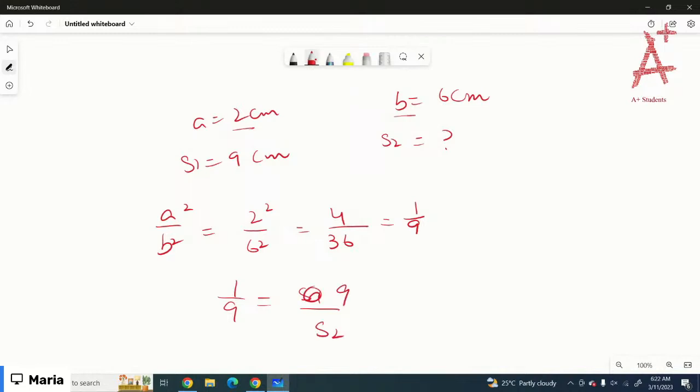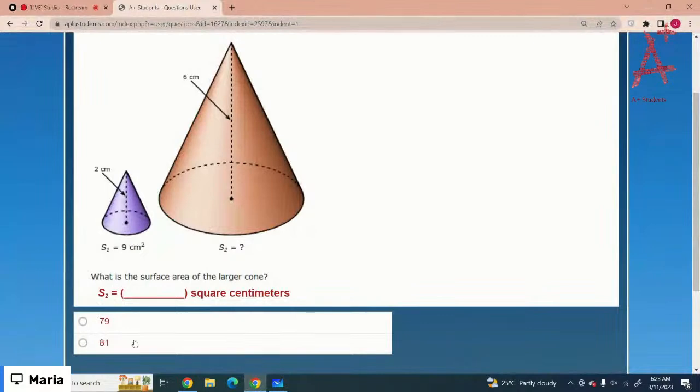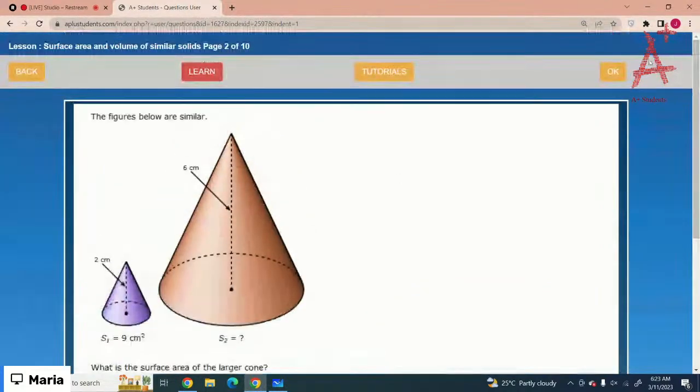Got it? Just do cross multiplication. S2 times 1 equals 9 times 9. So S2 equals 9 times 9, which is 81. So 81 is the correct option. Just select the correct option and then click on the OK button.